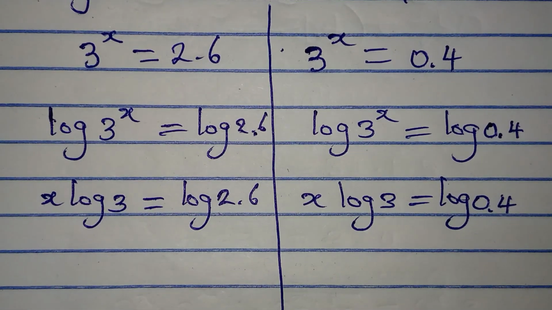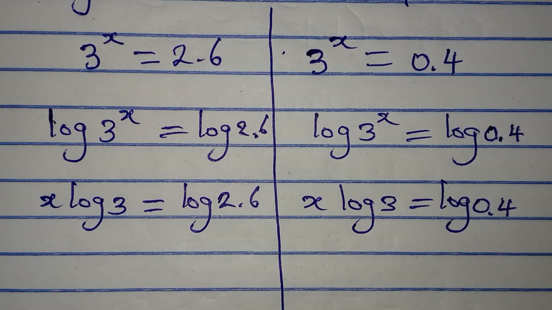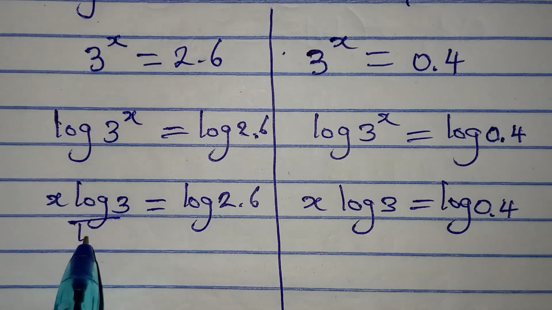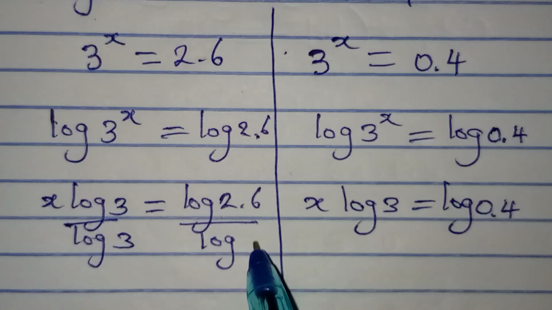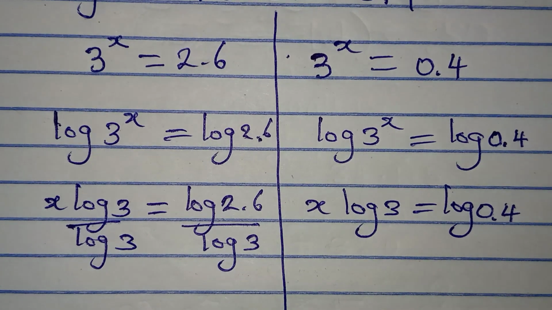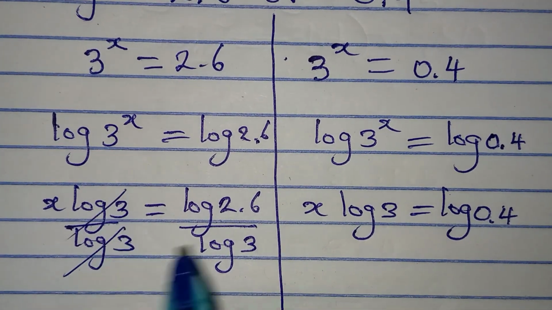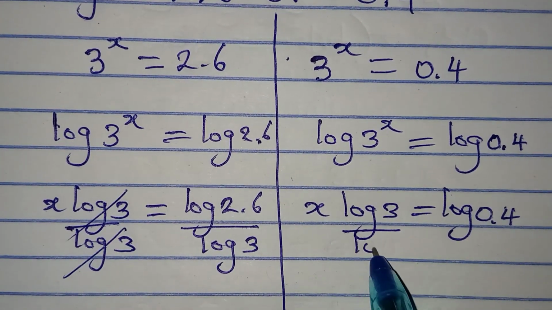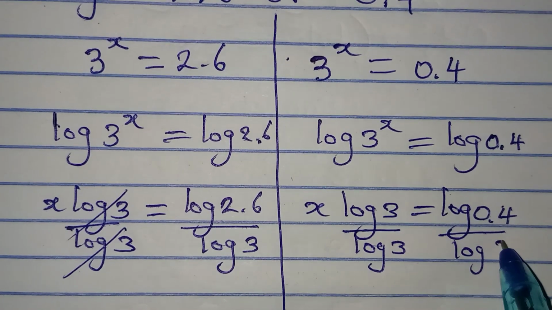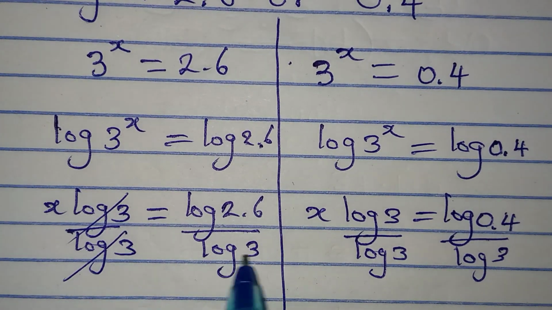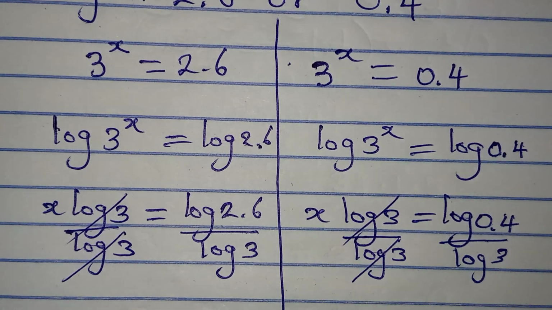Now, to get the value of x, we divide both sides by log 3. This will be divided by log 3, and this side also by log 3. Now, this will cancel this, and I'll do the same thing here, divided by log 3. So that this will cancel this as well.